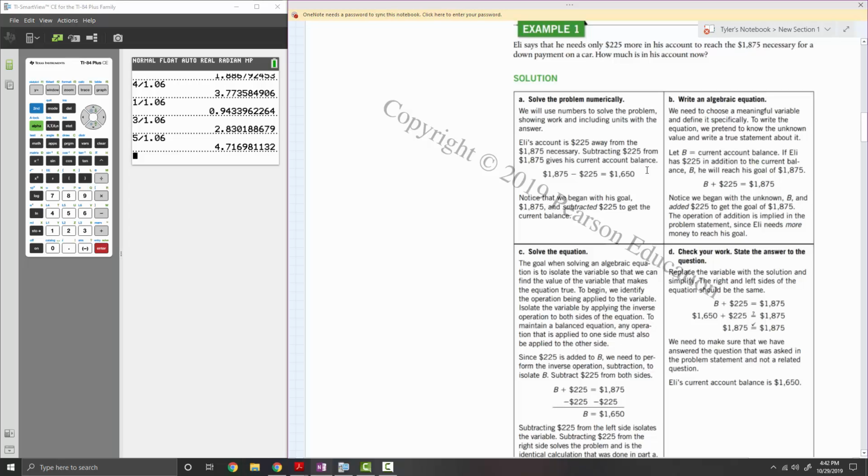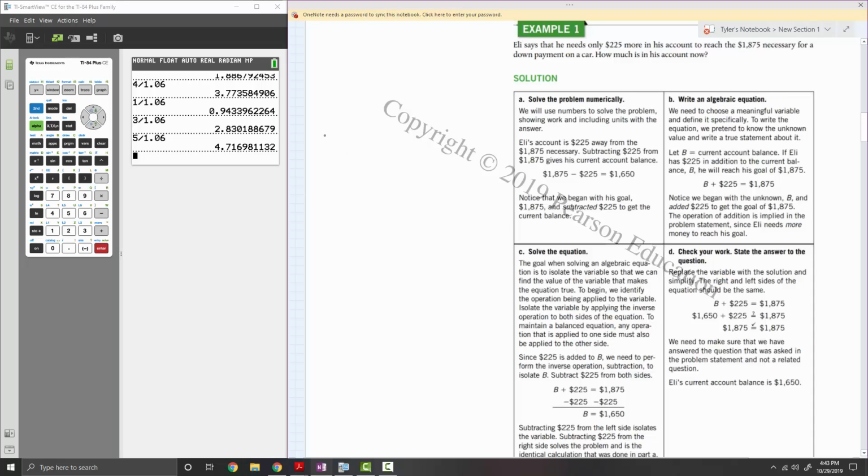You can read through this, but we're just thinking through the information and what kind of operation would need to be done in order to figure out the solution. For this one, we just need to subtract the 2 numbers, because this is the additional amount he needs to reach this amount, and we're trying to figure out how much he has now.